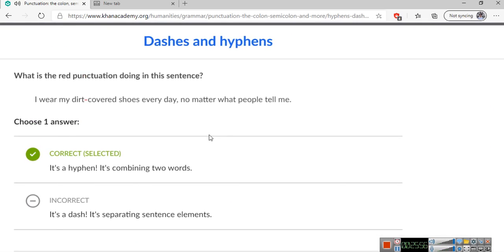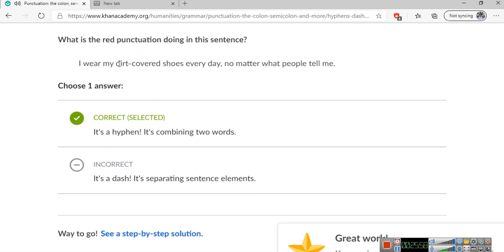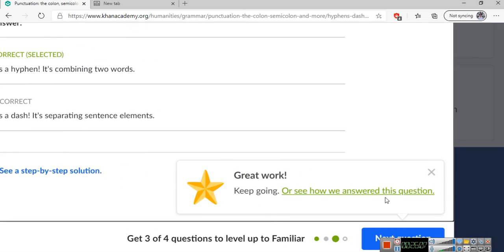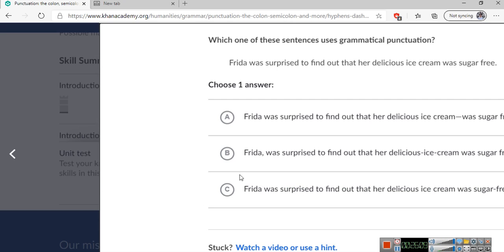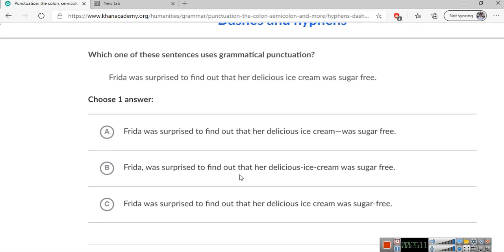Very good. So in this case, it's combining dirt-covered because it's explaining the quality of the shoes and it's combining those two words. You got it.